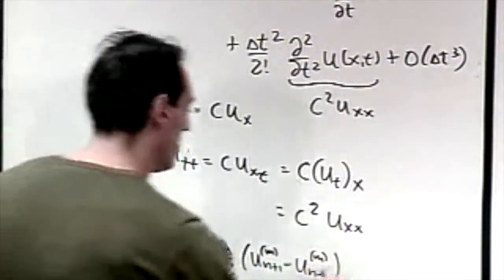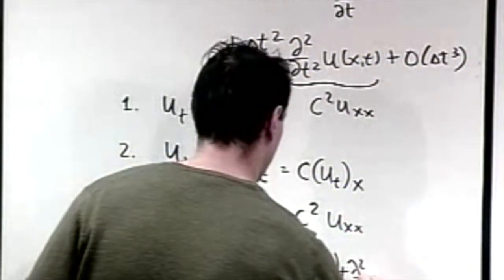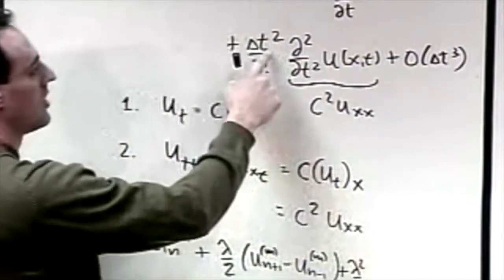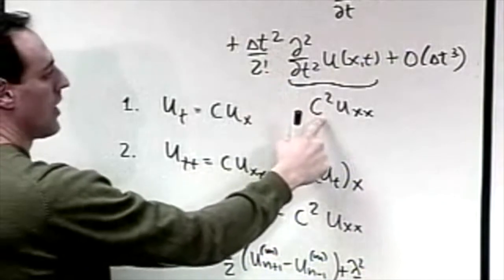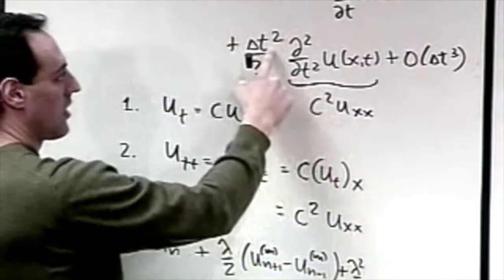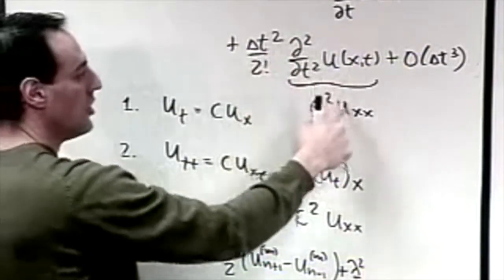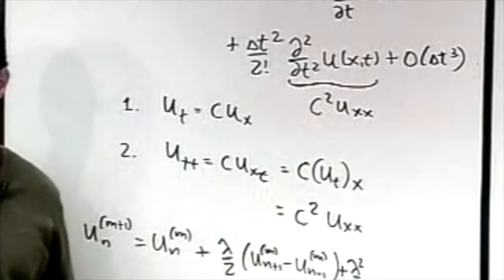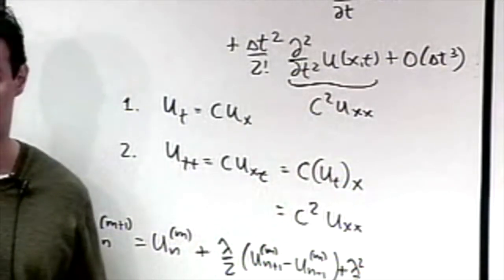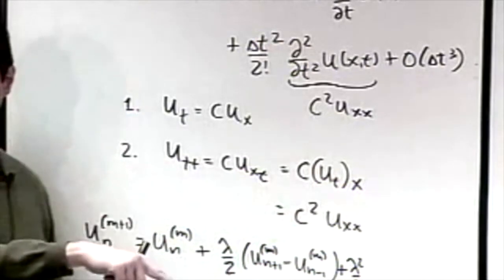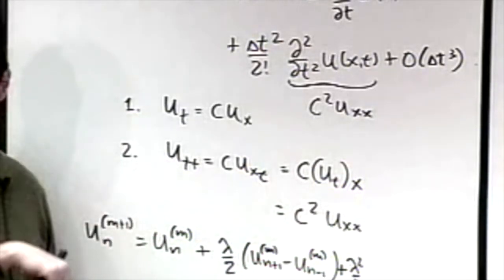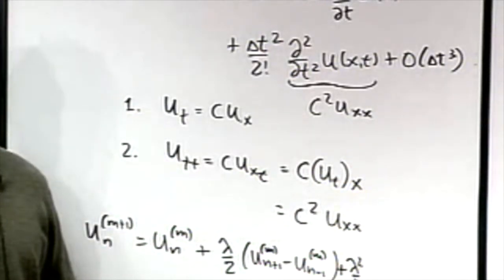And then the last piece is this thing here, which is delta t squared times c squared u_xx. Well, the c squared comes out to the delta t squared. The u_xx, we can use a central difference formula for the second derivative, which is the point in front minus 2 times the current point plus the point behind, divided by delta x squared.